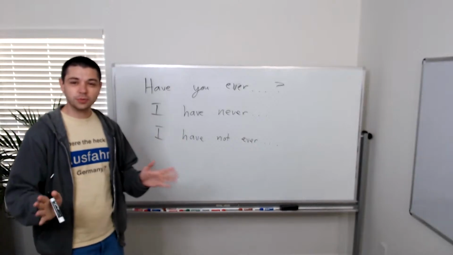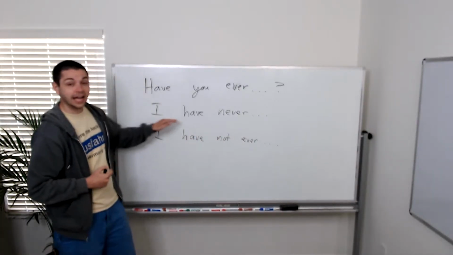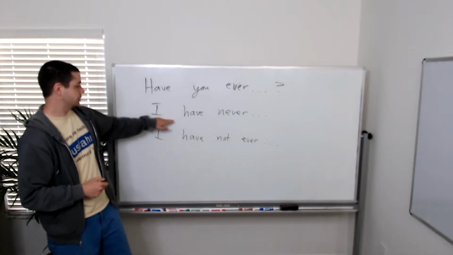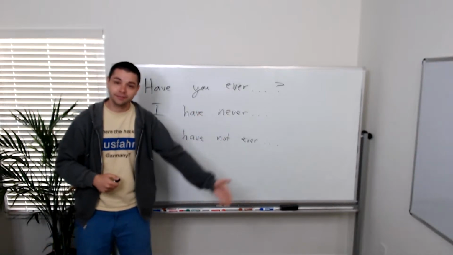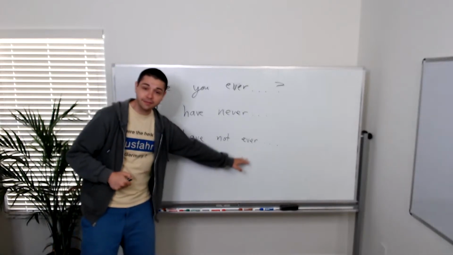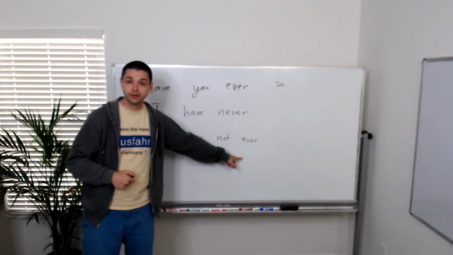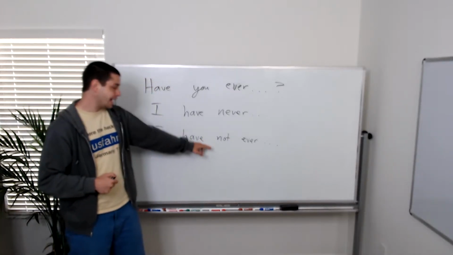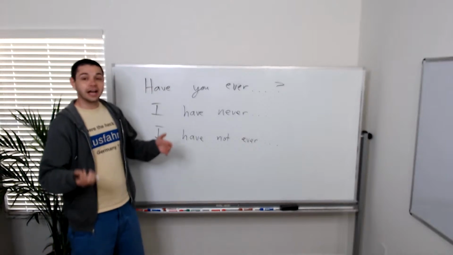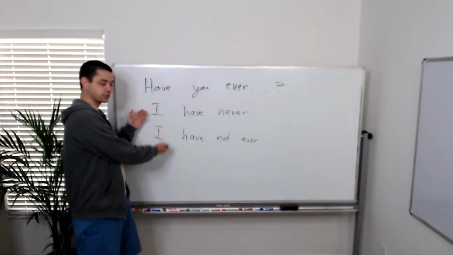Now, usually we make this part smaller, right? We don't say I have never. We say I've never, right? I've never. And instead of I have not ever, we can say I haven't ever. I haven't ever. Or I've never, right? So really these are the same.